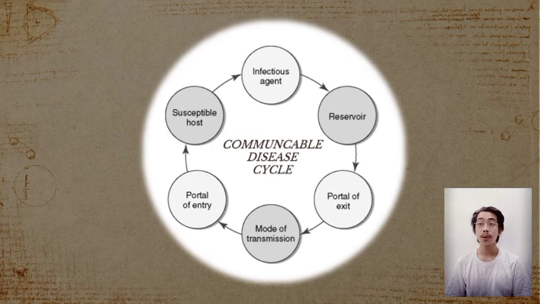Next is the portal of exit. The portal of exit is the path by which a pathogen leaves its host. The portal of exit usually corresponds to the sites where the pathogen is localized. For example, influenza viruses and Mycobacterium tuberculosis exit the respiratory tract.